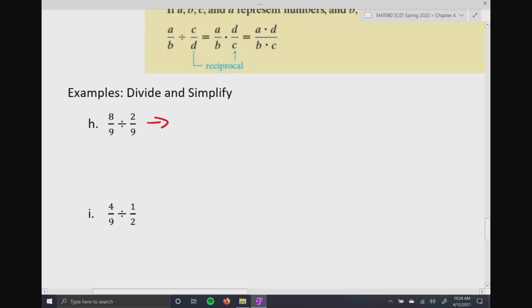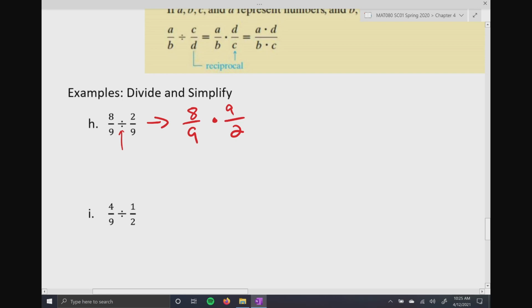To divide fractions, you rewrite the first. The division symbol will change to multiplication. And you write the reciprocal of the second. How many of us remember that? Keep, flip, change, KFC. But you were never taught why. You were just told, just do this. Now I'm showing you why.